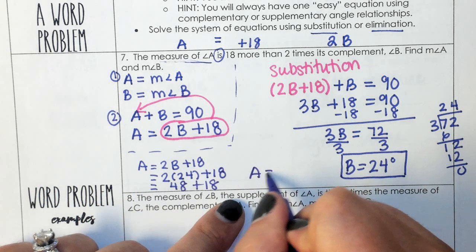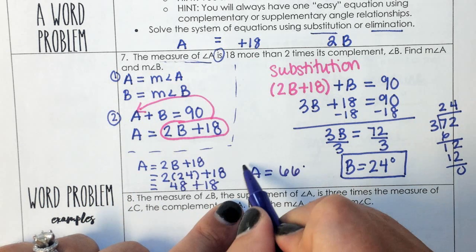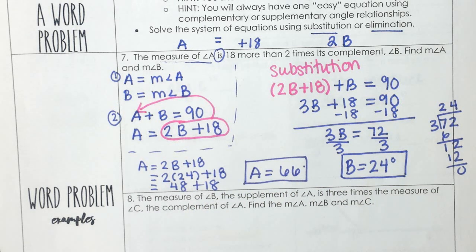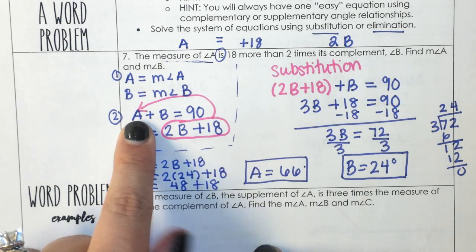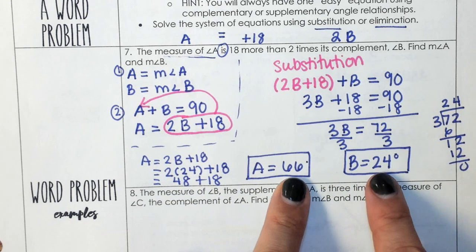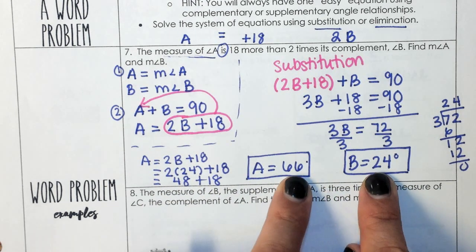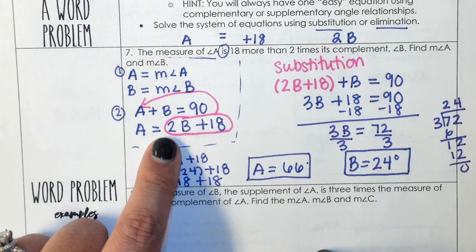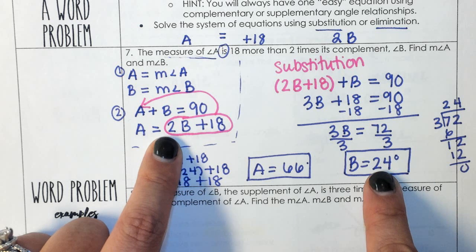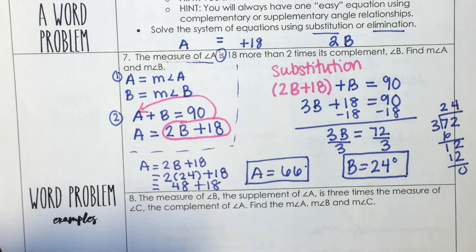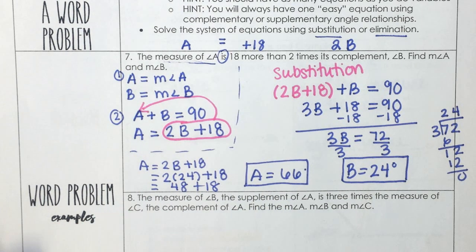So A will be equal to 66 degrees. Okay. Now just to double check your work, if you add together A and B, it should be equal to 90. 66 plus 24 is definitely 90 degrees. And then if I do 2 times B, which is 48, 48 plus 18 should get us 66, and it does. So that's how we solve problem number 7.